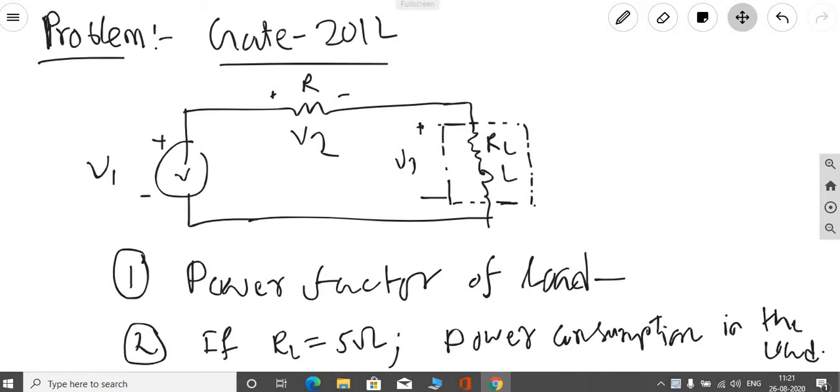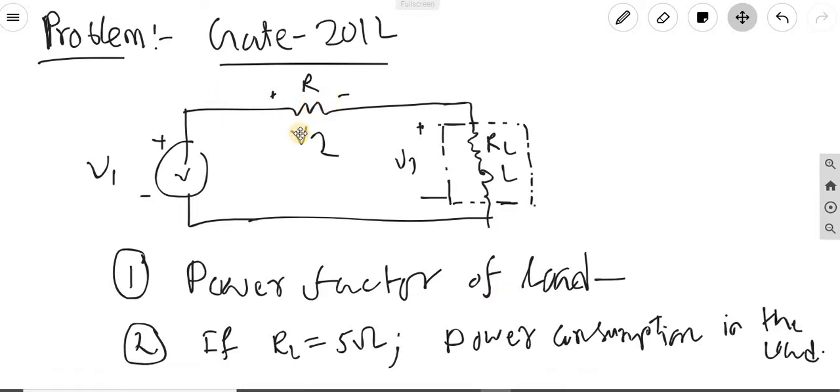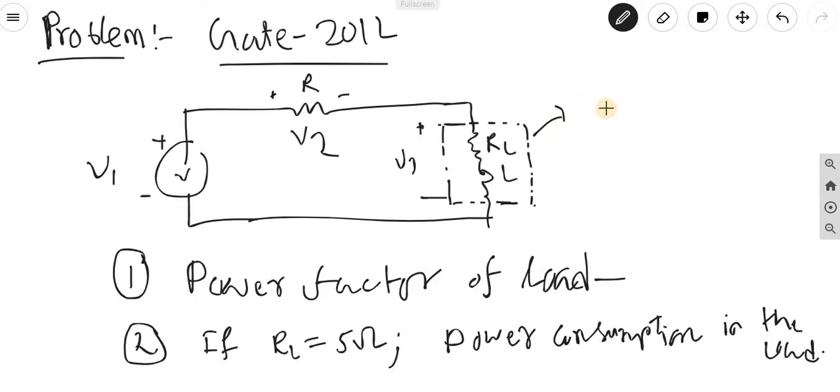R is connected in series with one load, and this load is a series combination of R and L. Okay, this is the load.